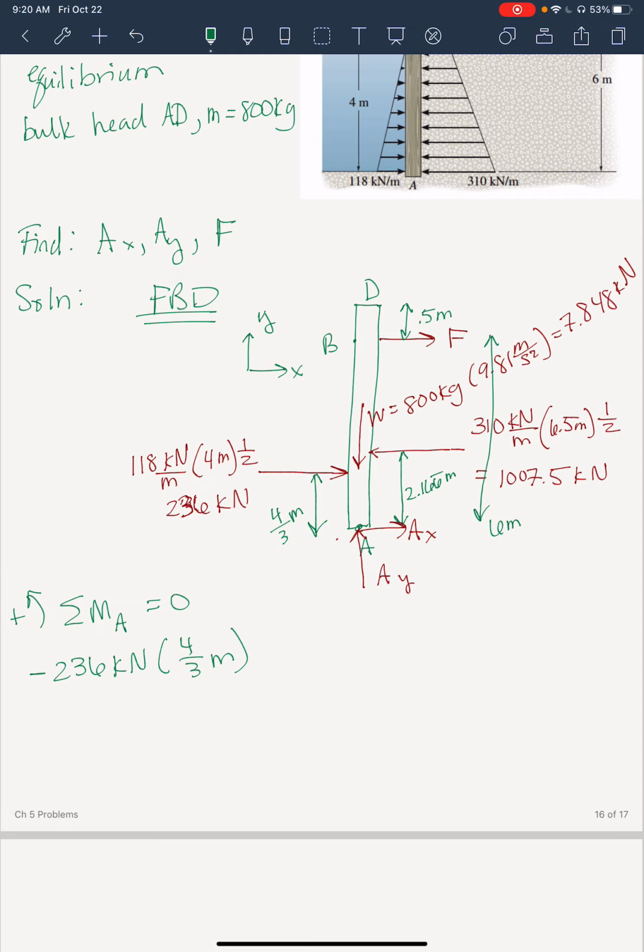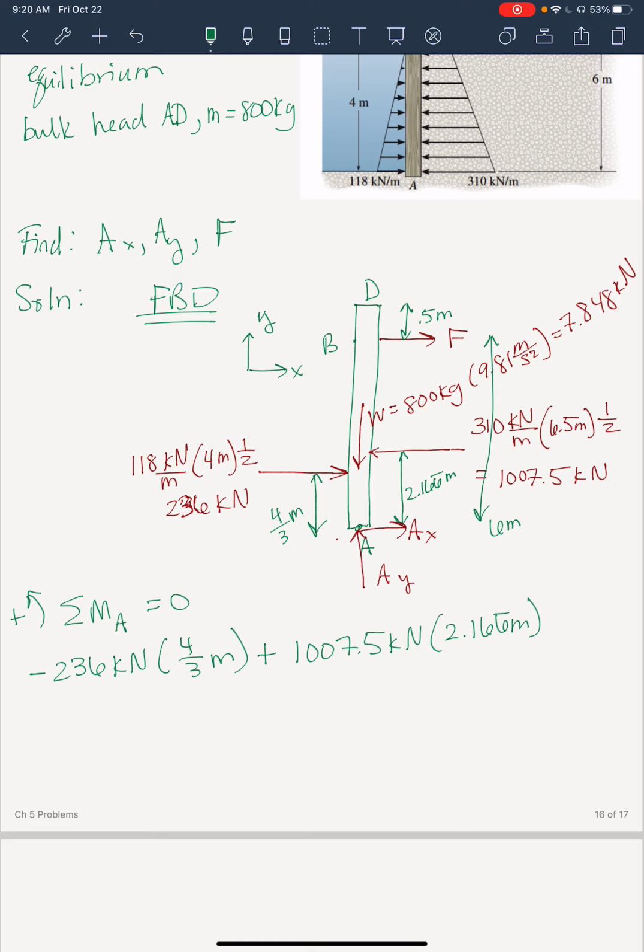And then the next force up is the force due to the soil, that distributed load. That one, if we do our right-hand rule, we see that it's positive. So positive 1,007.5 kilonewtons times that 2.166 meters. And then that weight is just in line with it, so there's no moment arm, so that doesn't create a moment.